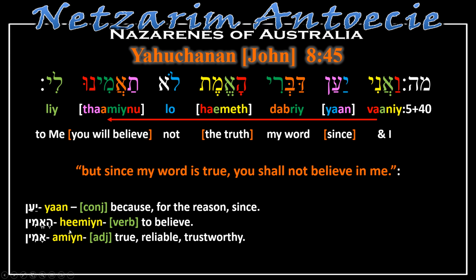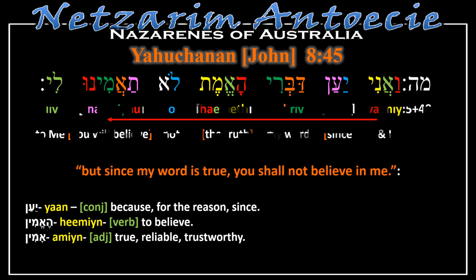And I've given you the root word that comes up here. He'emin, it's the verb to believe. But because they wanted to make it second person and imperfect, they have dropped the hey being a weak letter and changed it to a tav. And then I've given you also amin as an adjective. It means true, reliable, trustworthy.